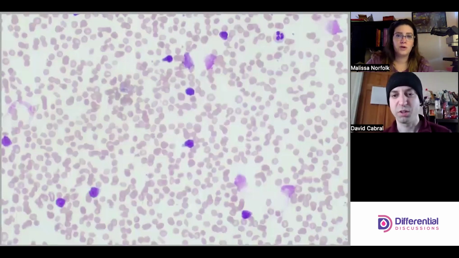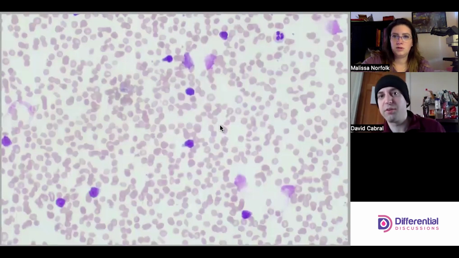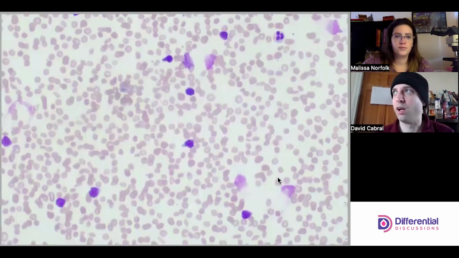So we're on 40X, and one of the things we should point out first is the smudge cells. We have one, two, three, four, five smudge cells or so scattered throughout the field. That puts me in the mindset of what's on the list. I think of reactive, in the most benign sense, possibly a reactive lymphocytosis.